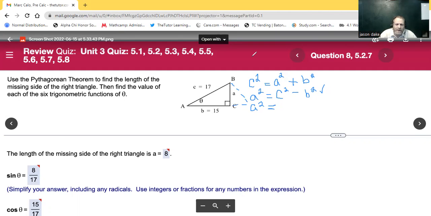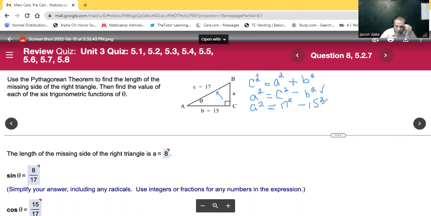That is why we are saying squared. So 17, the hypotenuse, is directly across from the right angle. 17 squared minus, what is b squared? 15 squared.